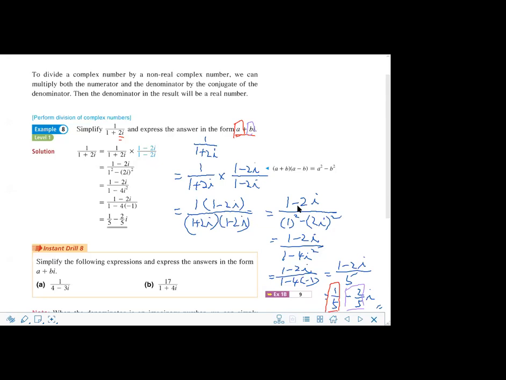Okay, it's negative 2 over 5. All right, so this is how we can simplify a fraction involving the i term in the denominator by multiplying the conjugate on top and the bottom, and then top times top, bottom times bottom, and then simplify.